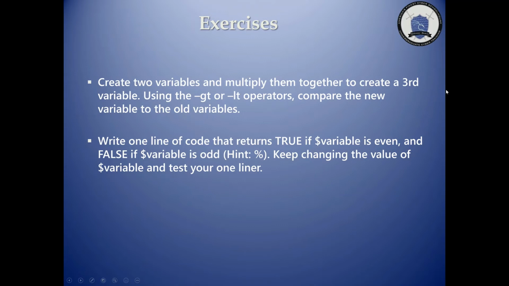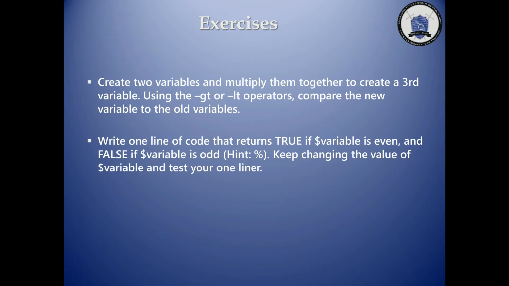All right, so in the next couple examples, we have some exercises. I want you to look through these examples, work them out, and you should be good to go. The first exercise: create 2 variables, multiply them together to create a 3rd variable, and then use those comparison operators to compare the new variable to your old variables.